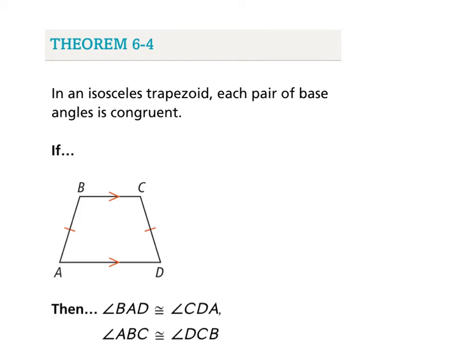Angle A down here, which they call angle BAD, and angle D, which they're calling angle CDA, are going to be congruent to each other. And then also angle B, or angle ABC, and angle C, or angle DCB, would be congruent. So these two would be congruent, and these two would be congruent. Each pair of base angles is congruent in an isosceles trapezoid.